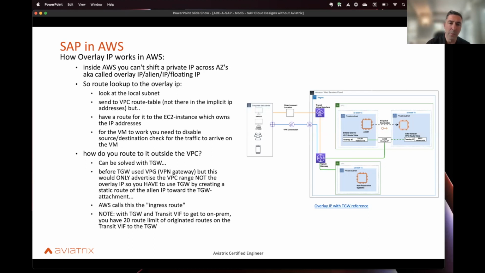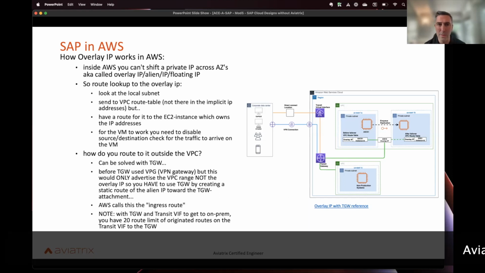So you have to have a route for it to the EC2 instance which owns that IP address, and we talked about that as the Elastic Network Interface. The other thing is the VM needs to disable the source destination check for the traffic to arrive on that VM. Why? Because the destination is not what's natively in the VPC route tables. So you have to remove that check for the traffic to actually arrive on that VM. That's basically how you do a route lookup to the overlay IP locally.